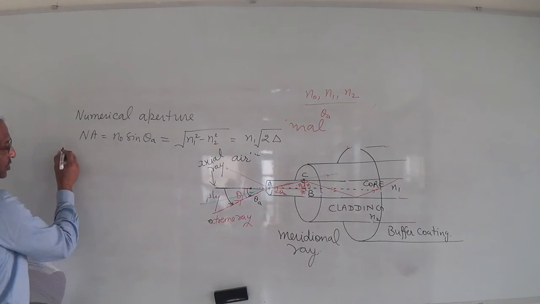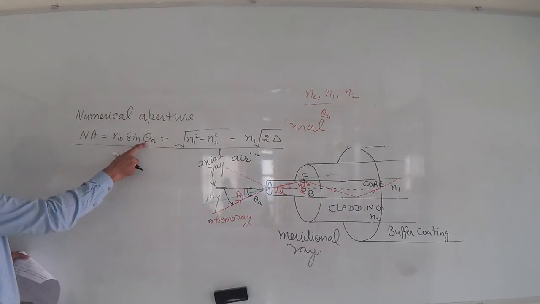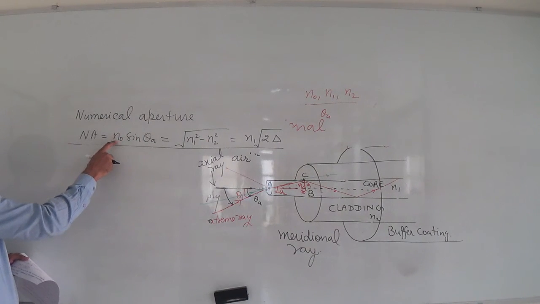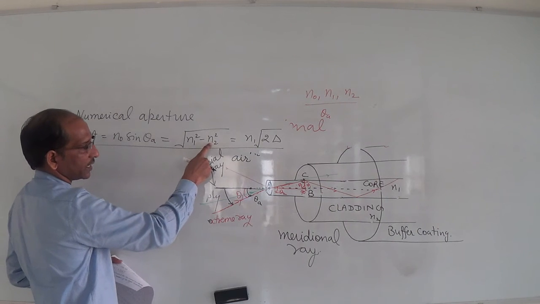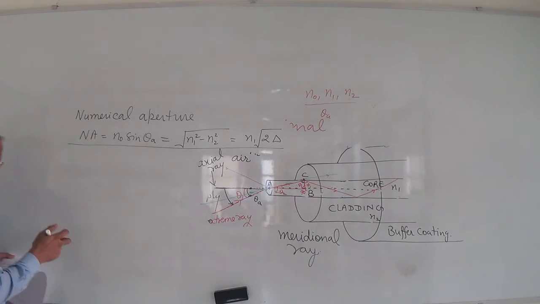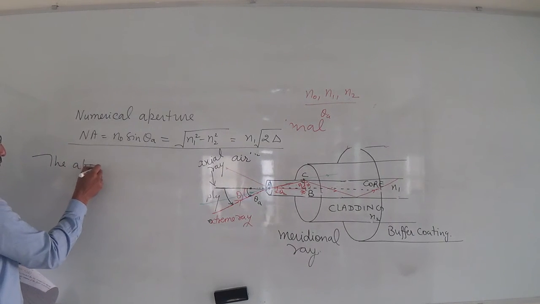So this relationship between the acceptance angle, refractive index of the air, core and cladding is important.